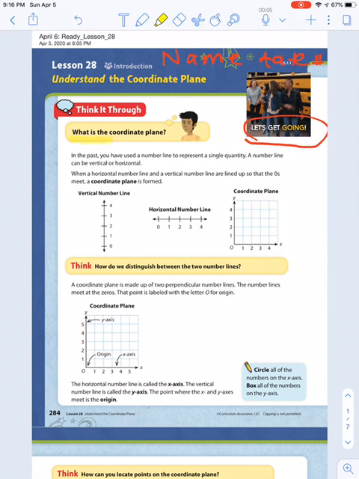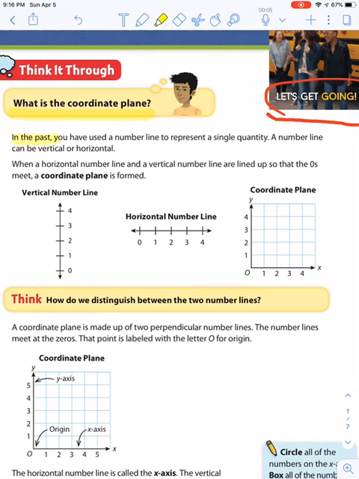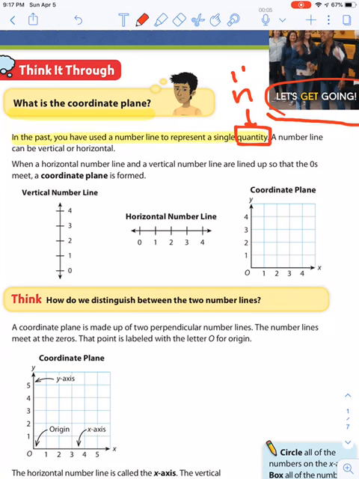It says, what is the coordinate plane? In the past, you have used a number line to represent a single quantity. If you remember me teaching you about quantity, the N in quantity always helped me remember that it stood for numbers. So quantity is a number. So it says that a number line can be vertical or horizontal.